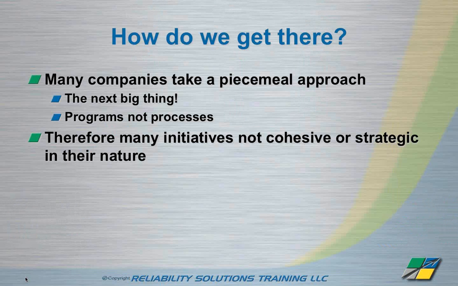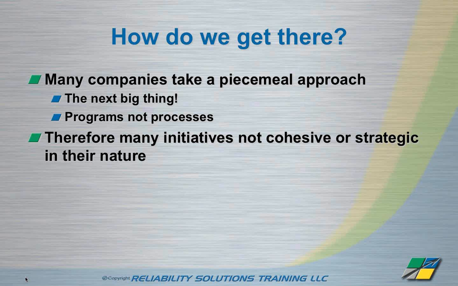A lot of companies we see take a piecemeal approach to trying to achieve reliable manufacturing, and it's often the next big thing or the program of the month, and they'll have a process or an initiative around a particular area or subject, and from that they'll get improvement. They will see some improvement, but they tend to be programmatic rather than process orientated.